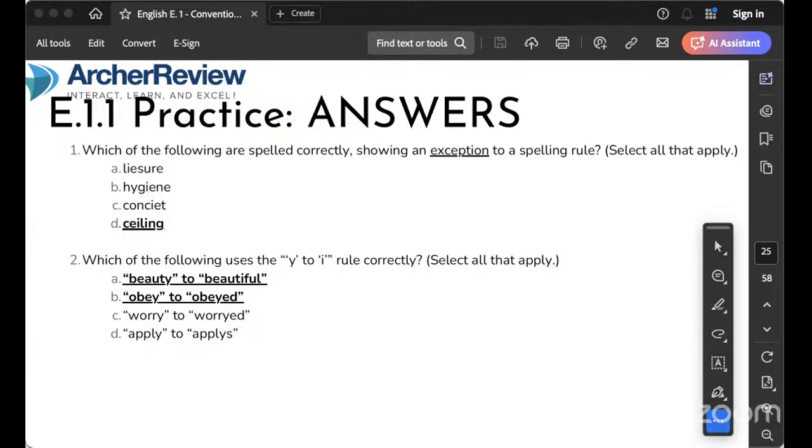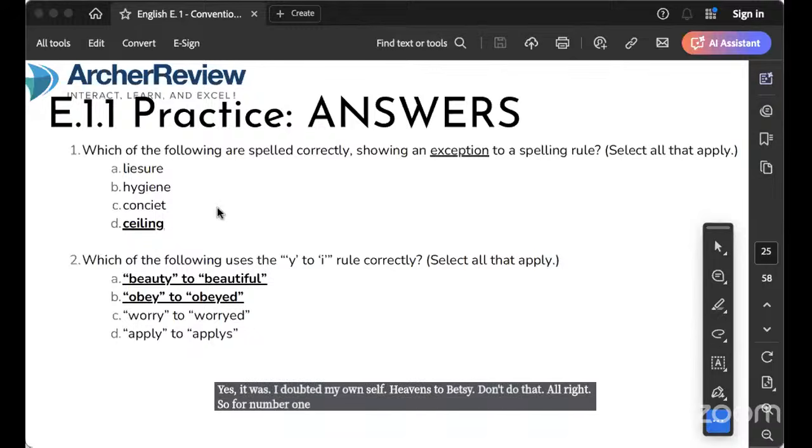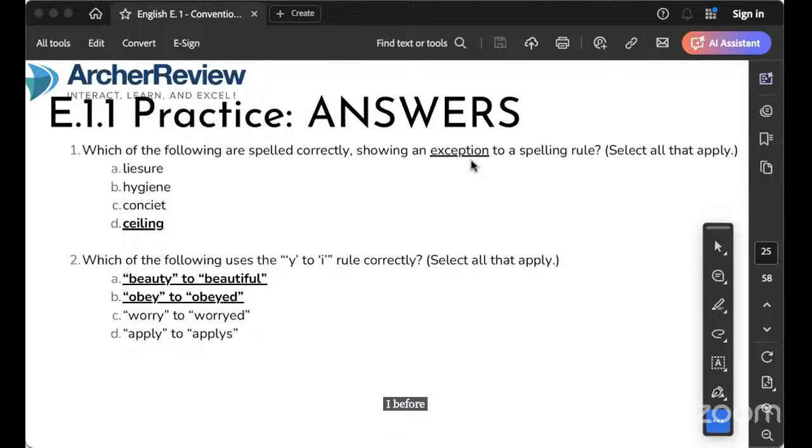Yes, it was. I doubted my own self. All right, so for number 1, it was just D, ceiling, which is an exception to a spelling rule. So remember, I before E except after C.